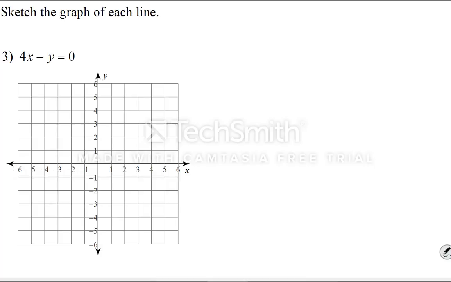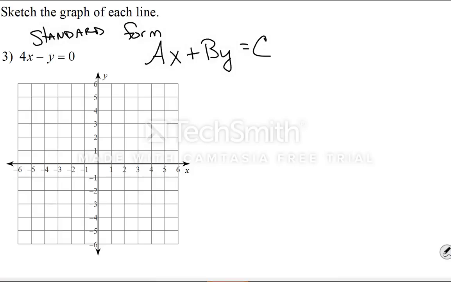Equation 3 is not in y equals mx plus b form. This is what we call standard form, where standard form is ax plus by is equal to c. So our a would be 4, our b is negative 1, and our c is 0.